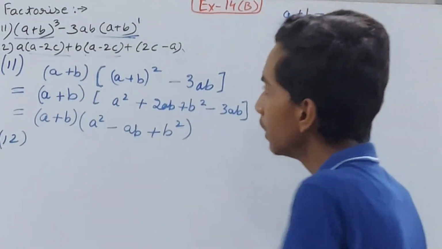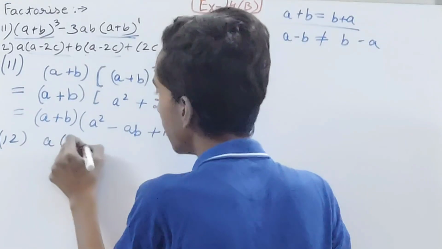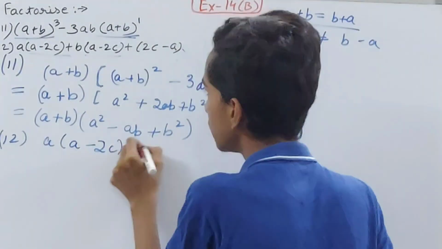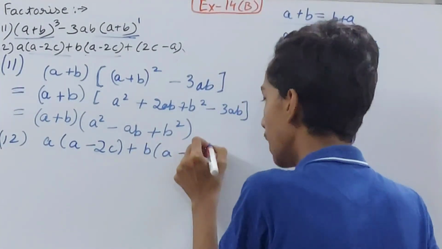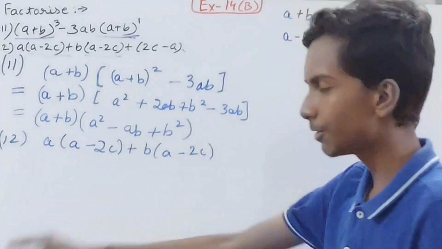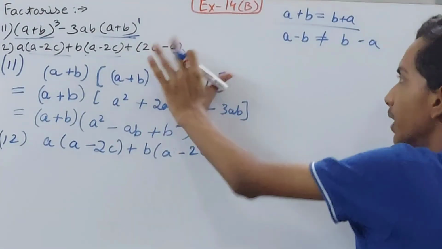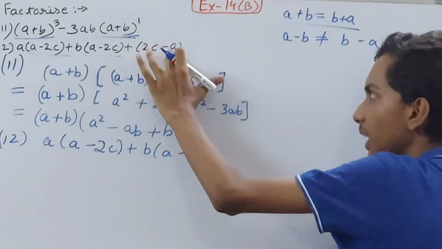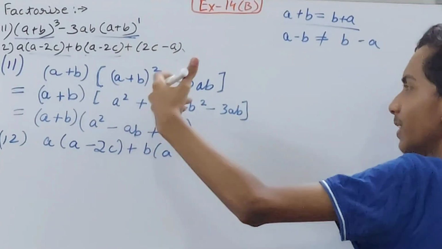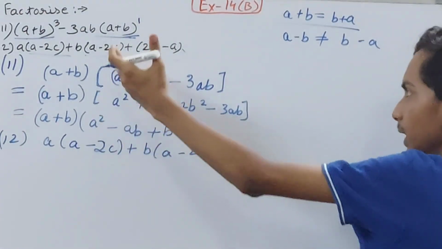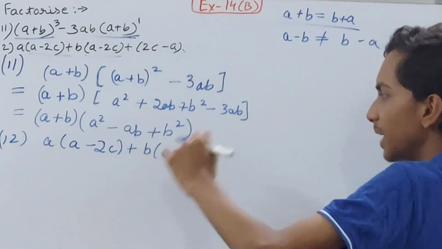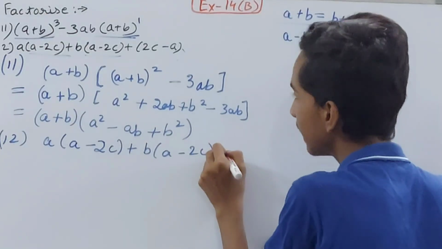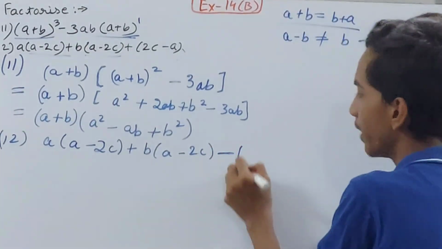What can I do now? The part a(a − 2c) + b(a − 2c) will be as it is, we are not touching this. But here, if I make a positive and 2c negative, can I get the same value as in the other two brackets? Yes. I will take −1 as common.